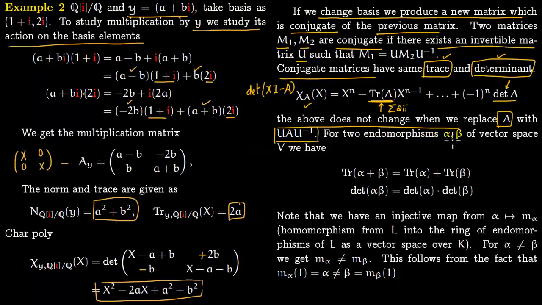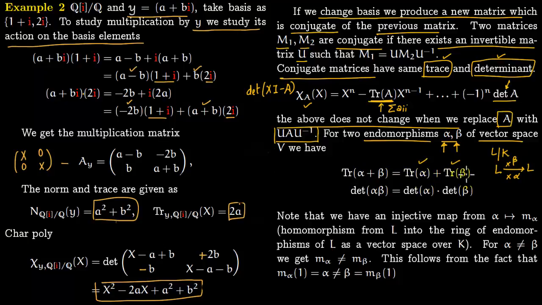So now what have we done? For any two endomorphisms alpha and beta of a vector space, say L over K is a vector space, you can consider alpha and beta as elements of L. So this endomorphism alpha and beta is just multiplication in L. So you're going from L to L, multiplying by alpha or multiplying by beta. And you can talk about the trace of alpha plus beta, which is just the sum of the traces.